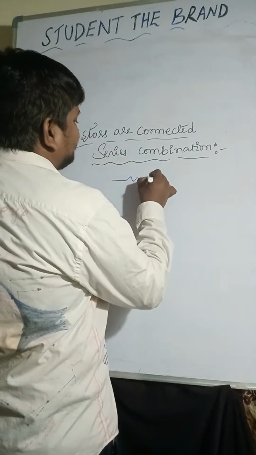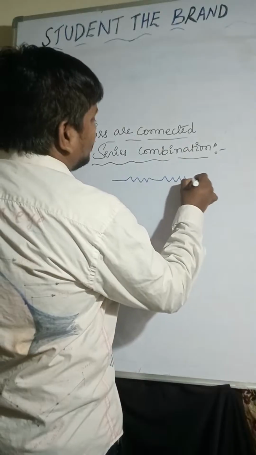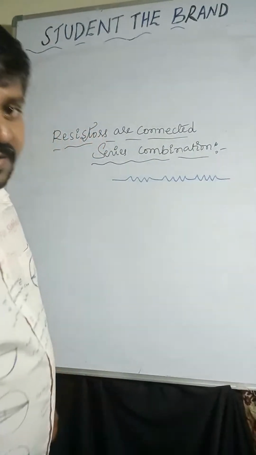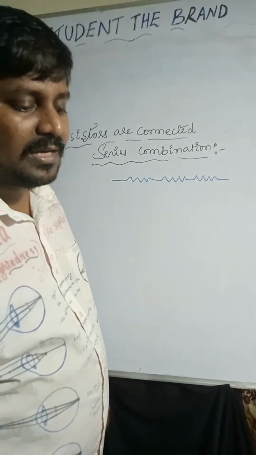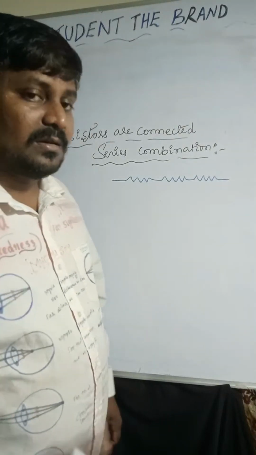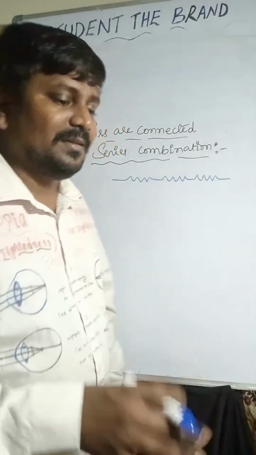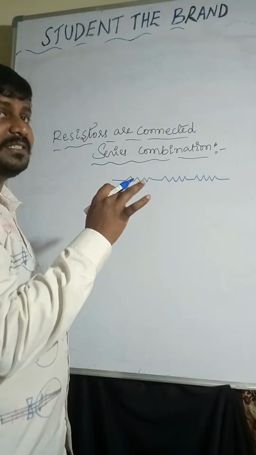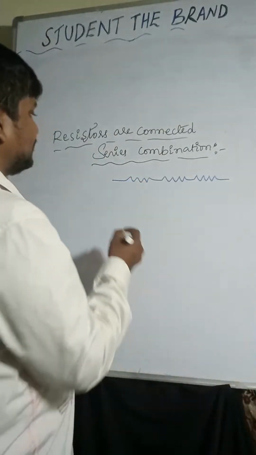Now check here. Resistor number 1, resistor number 2, resistor number 3. Only three resistors we need to connect, or can we connect more? Definitely we can connect many. That is the reason I said number of resistors connected in series combination. What is the formula?